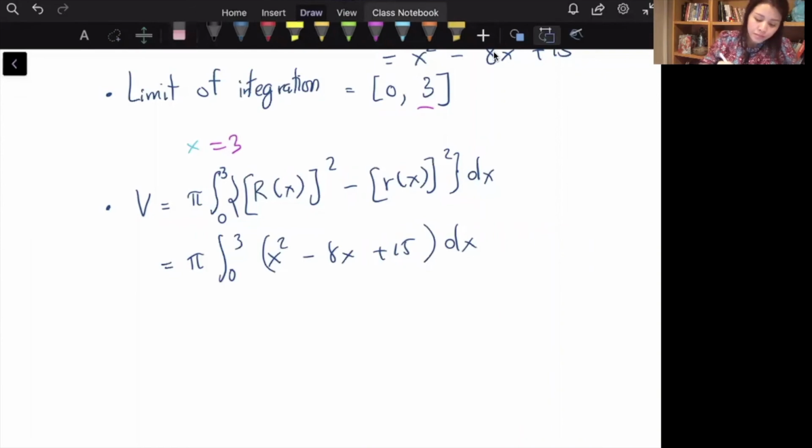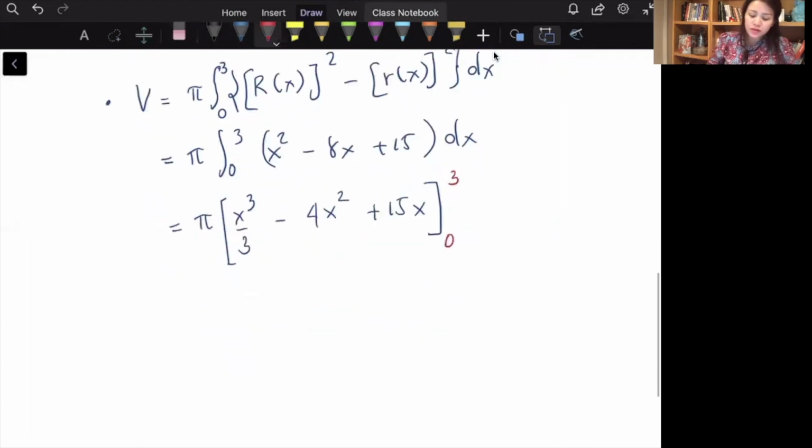Okay, so equals pi times the antiderivative. The antiderivative of x squared will be x cubed divided by 3, minus 4x squared, plus 7x, evaluated from 0 to 3. I'll do it in red so you can see the limits.